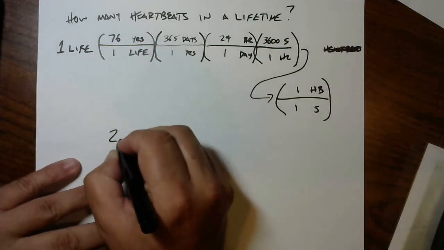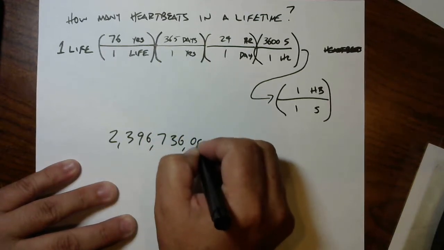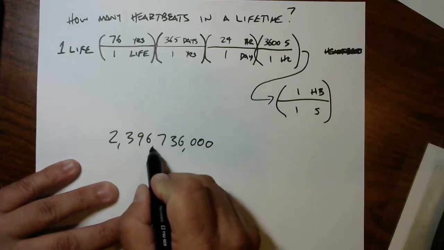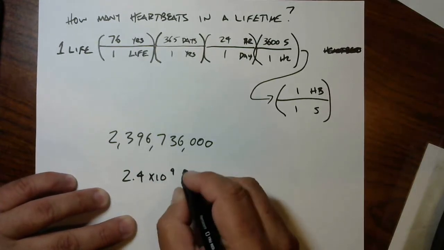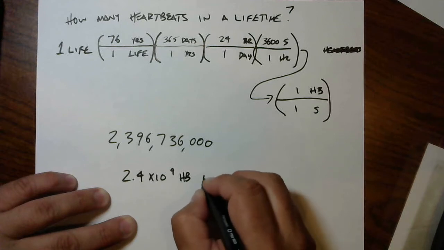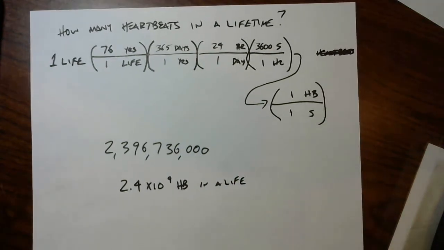It's actually 239,673,600. 1, 2, 3, 4, 5, 6, 7, 8, 9. 2.4 times 10 to the 9 heartbeats in a life. That is 2.4 billion heartbeats in your life.